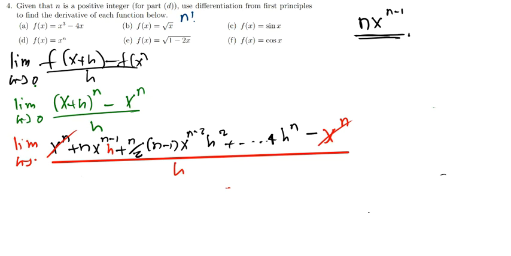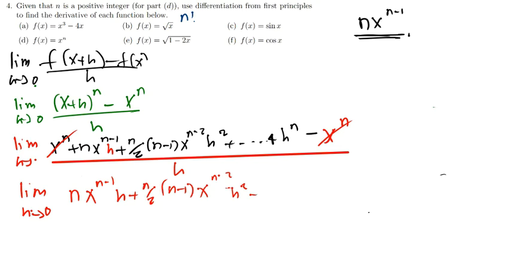So we have limit h goes to 0 of n, then I have n plus 2. I'm just copying that. I divide it by h.